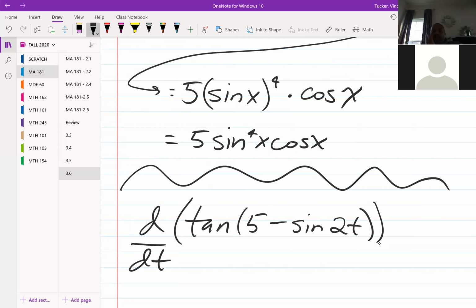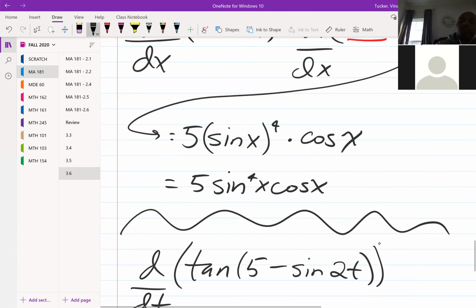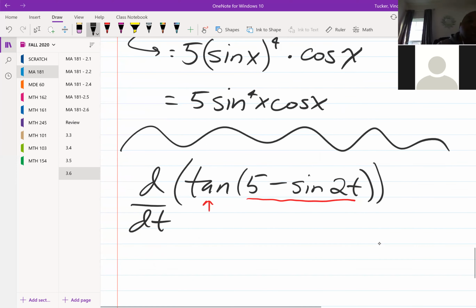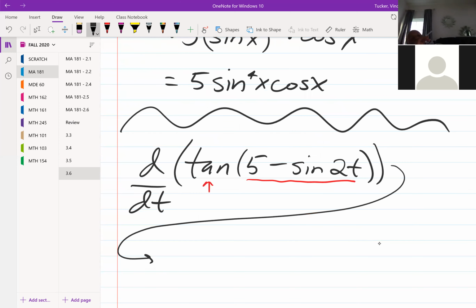All right. I want to take the derivative of tan of 5 minus sine of 2t, and we're doing it with respect to t. T is our variable. So we have our inside and our outside functions.